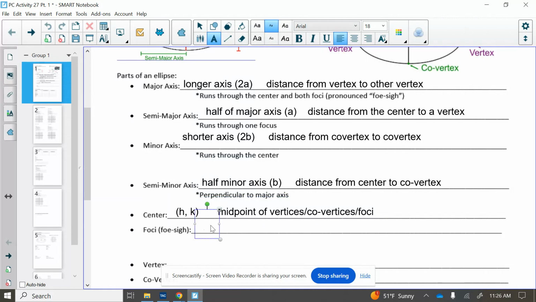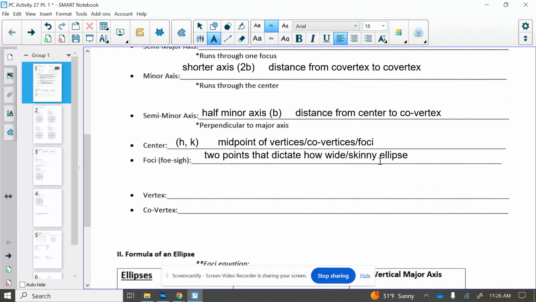Now, speaking of foci, these are 2 points that dictate how wide or skinny our ellipse is. The foci are always going to be represented with parameter C. The distance between them would be 2C. These are always located on the major axis.